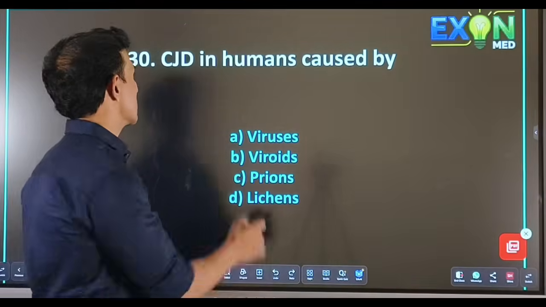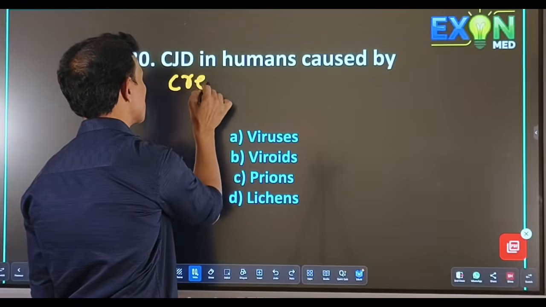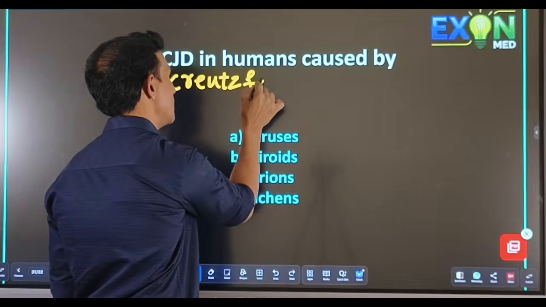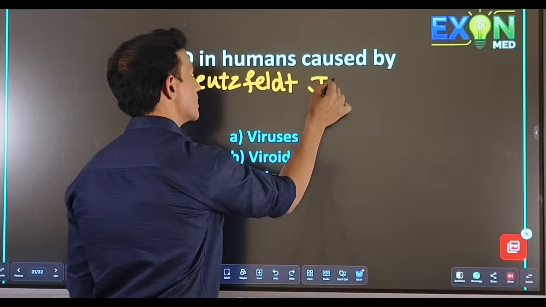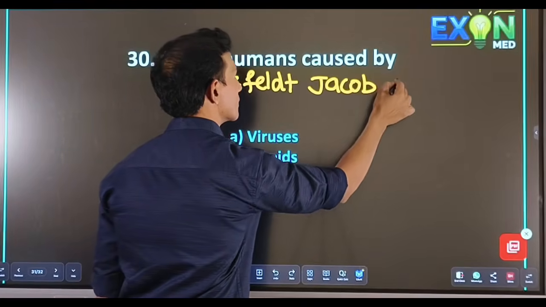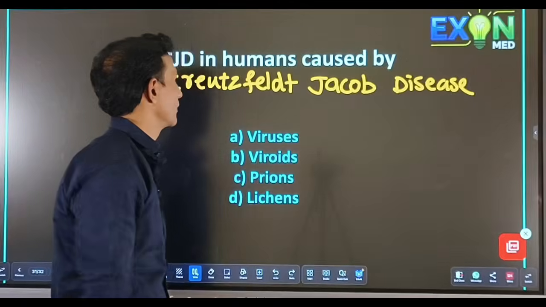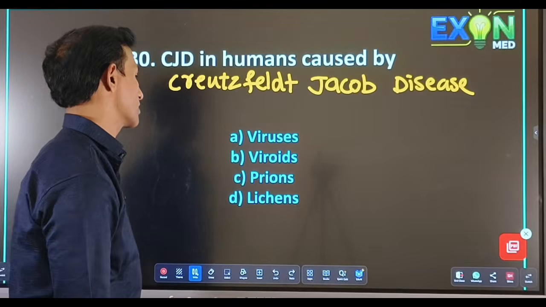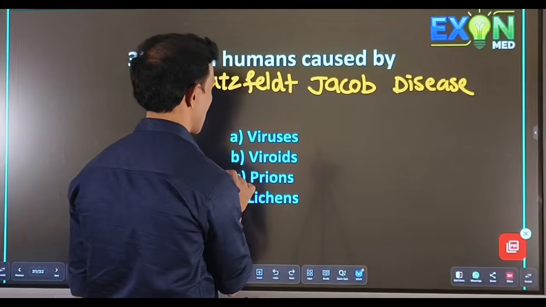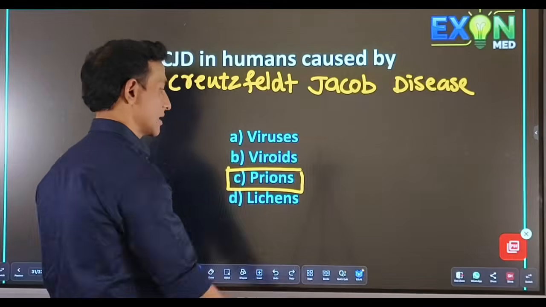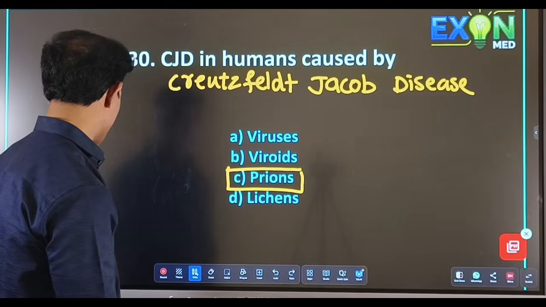CJD, that is Creutzfeldt-Jakob disease, which is analogous to mad cow disease. Creutzfeldt-Jakob disease is caused by proteinaceous infectious agents called prions.